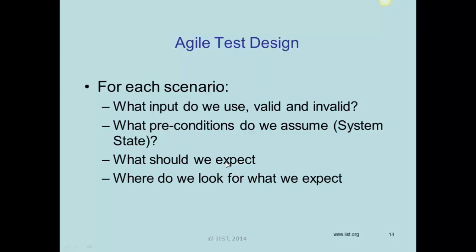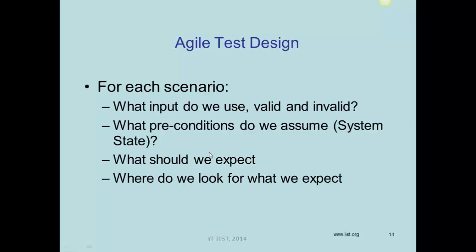Most importantly, if it is not obvious where to look for what I expect, I should really think about that. So for example, some people say, well, I expect that the credit card has been charged the correct amount. Sure, if the registration for a course is successful, then you say, I expect the credit card to be charged the correct amount.